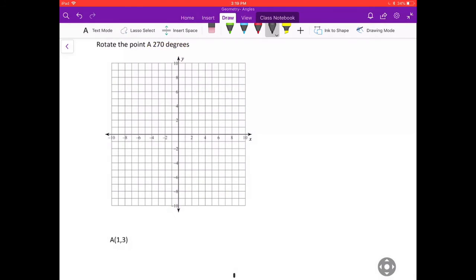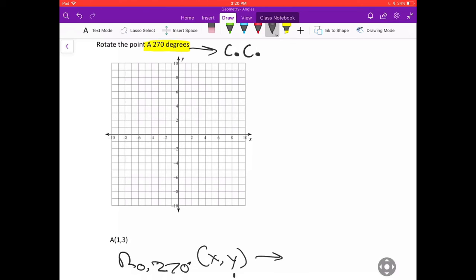And our last and final formula here is going to be a rotation of 270 degrees. So since they didn't specify what direction it means, that means it's going to be counterclockwise. So if it's counterclockwise, then we're allowed to use the formula above because that's what it's for. So a rotation of 270 is going to be, we're going to switch x and y, and we're going to negate whatever comes second.